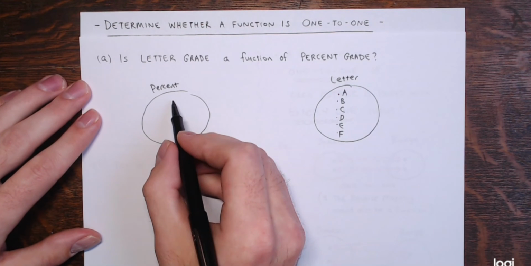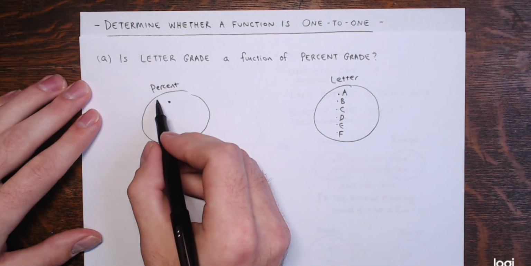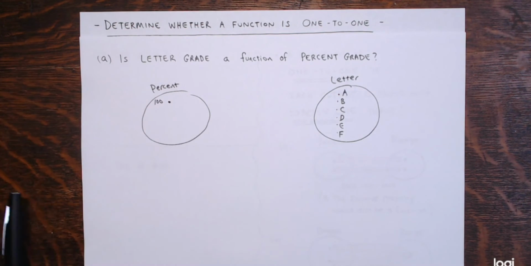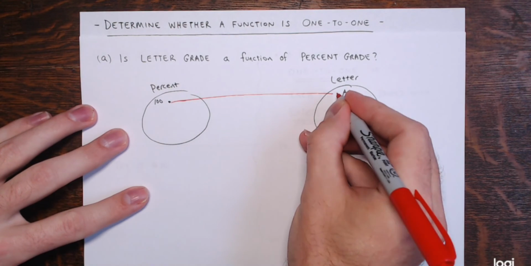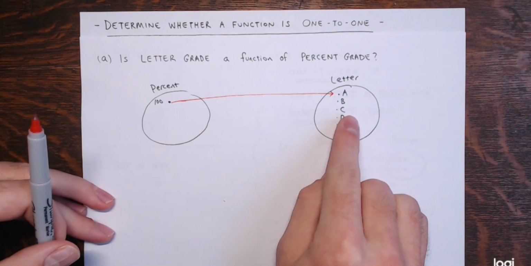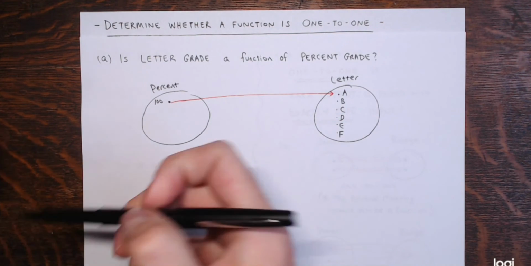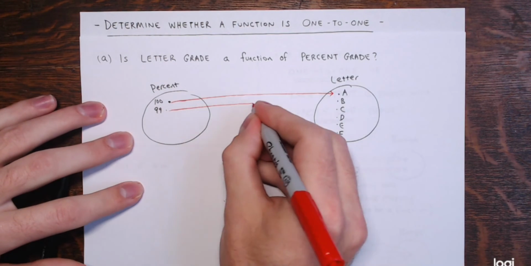And percentages, now there's all sorts of percentages, 1 to 100. But if I got 100%, that would correspond to an A, and nothing else. You're not going to get 100% and get an A and a B. 99% would also correspond to an A, and that's it.